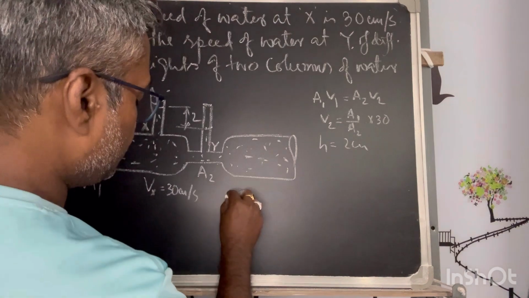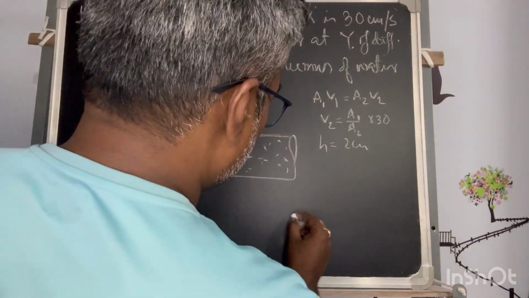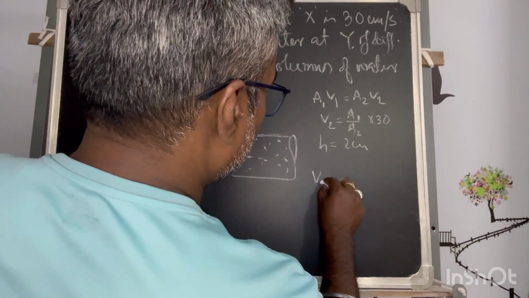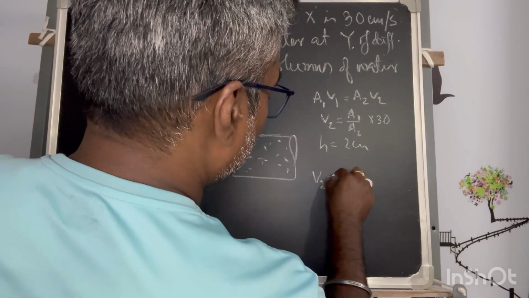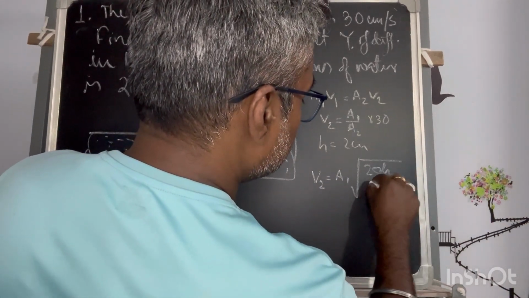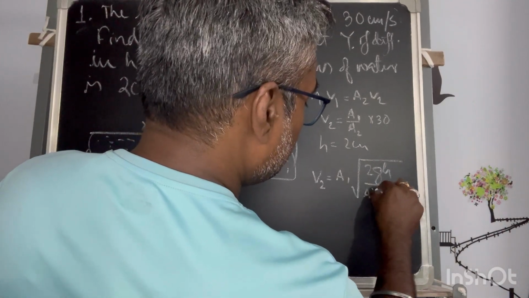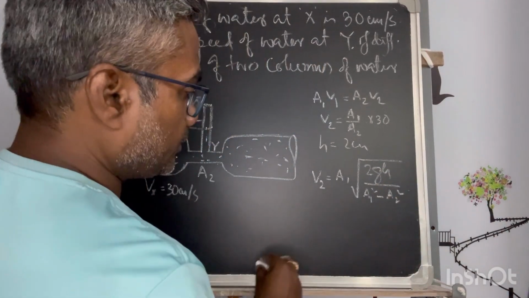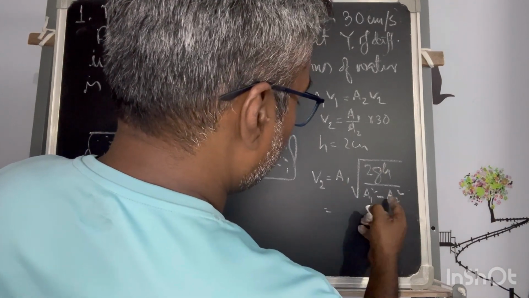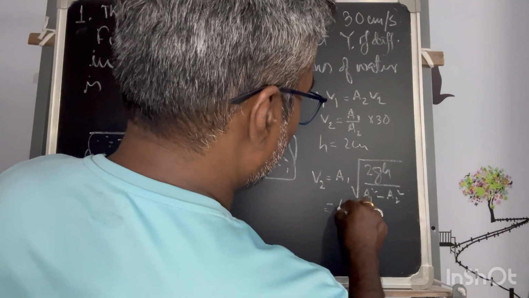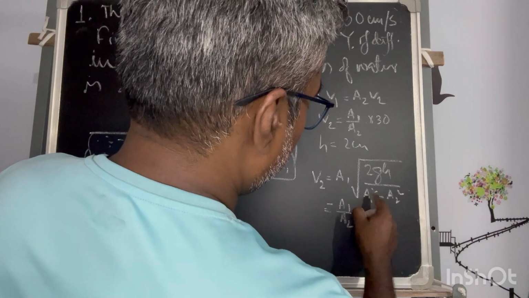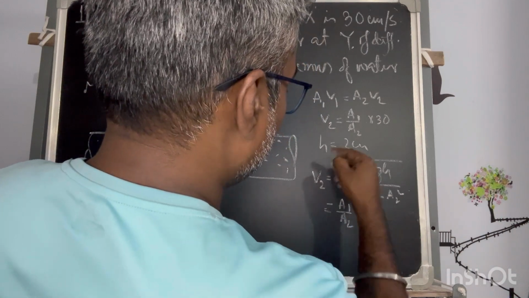Now if I use the velocity formula, V2 is equal to A1 into the square root of 2gh upon A1 square minus A2 square. If I take A2 common out of it, this will be A1 by A2 into A1 by A2, or else V1 is known.